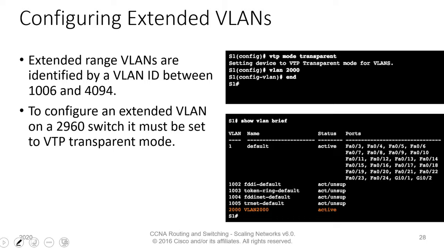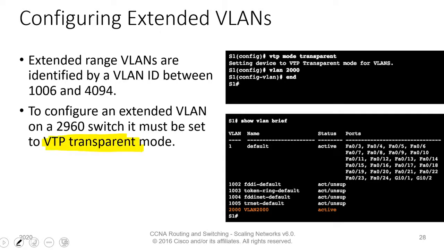And in terms of configuring extended VLANs, one of the main differences is that VTP will not be communicating extended VLANs. So if you want to configure extended VLANs, we will have to specify those in VTP transparent mode.